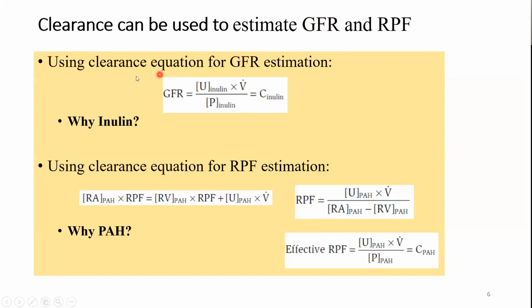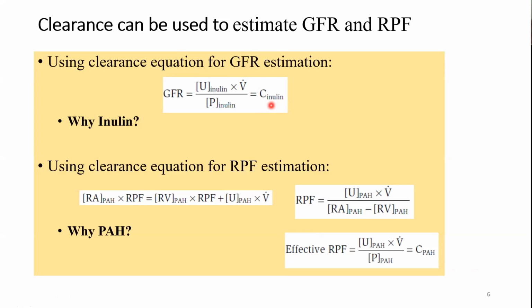So we have already used the equation of clearance to estimate the clearance of substance X. This can be used to estimate GFR if that substance is called inulin. Now, inulin is a substance which has certain properties.